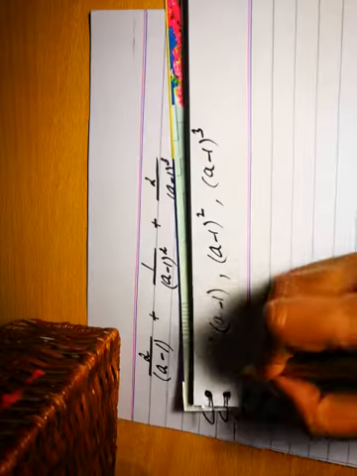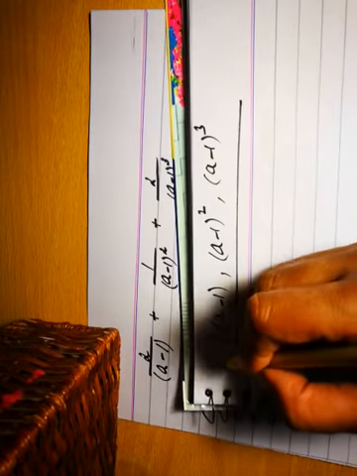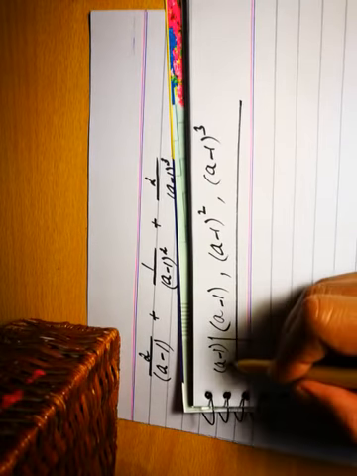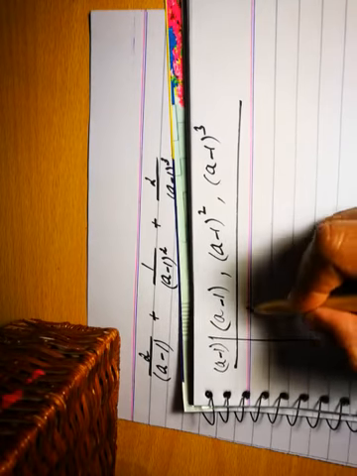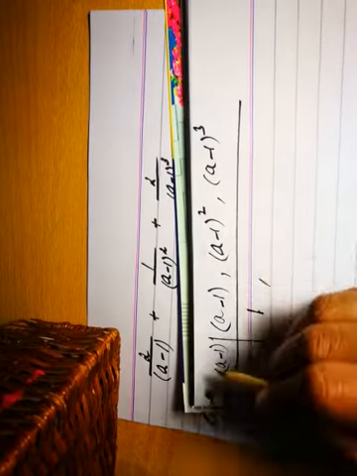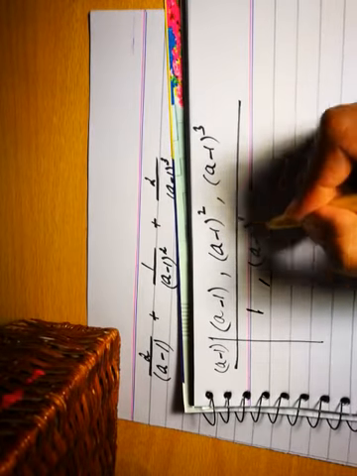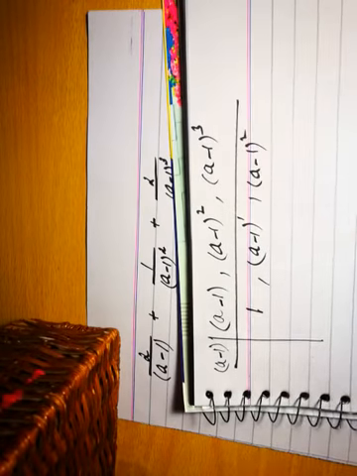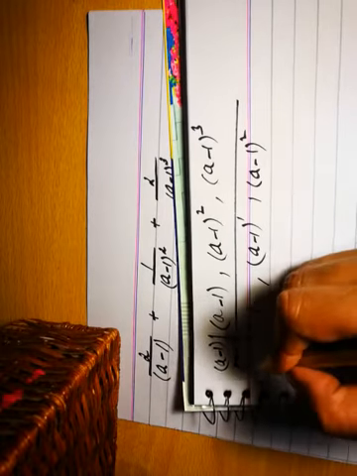Actually, I'm going to divide the three terms by factor a minus 1. What will happen? You're going to have a minus 1 times 1. That will be a minus 1. But a minus 1 whole square means 1 factor is left, power 1 is left. And here in this case, power 2 is left. So again, you're going to take a minus 1.